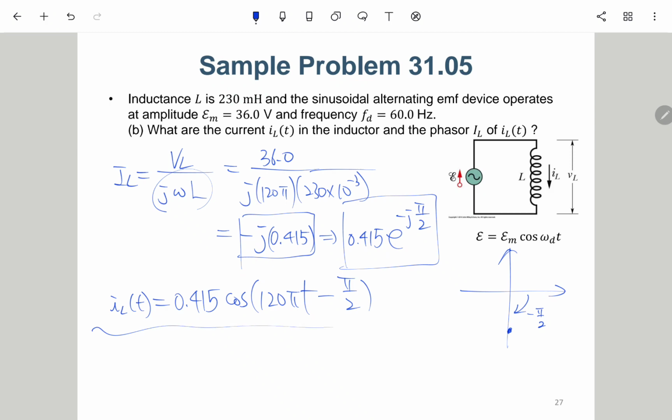For this case, if you still want to use VL(t) equals L dIL(t)/dt, in this case, we know this part. We need to take the integration so that we can find IL. So it may be more complicated. Yeah. So that's the point of using phasor here.